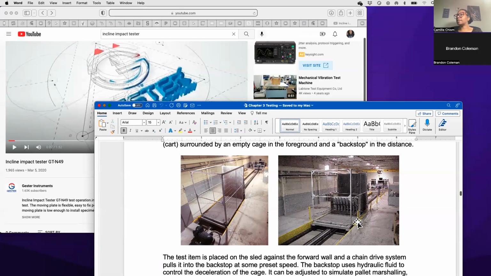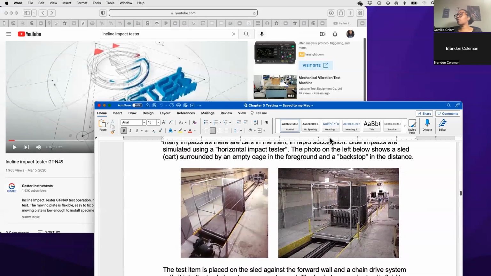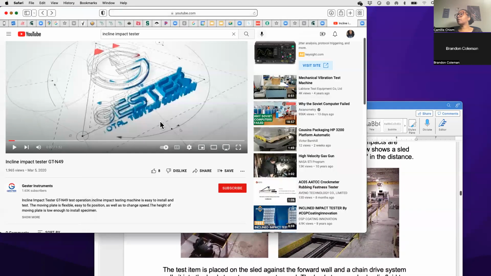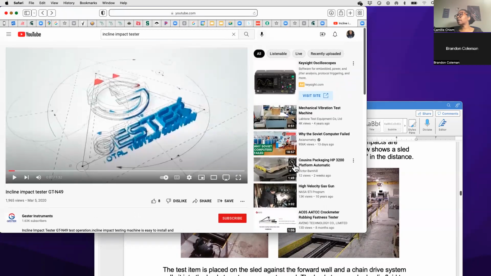So just so you can get an idea, this is probably about 50 inches high. And if you stack them too high, it would be about 100 and fill up the trailer from top to bottom. So just to get an idea of how big some of these items are, but I want you to see that for the incline impact, just to get an idea of what it looks like.